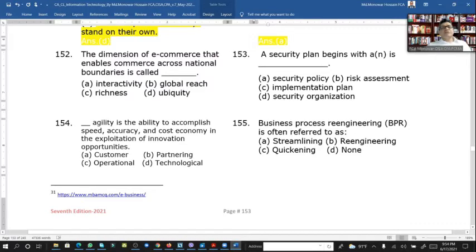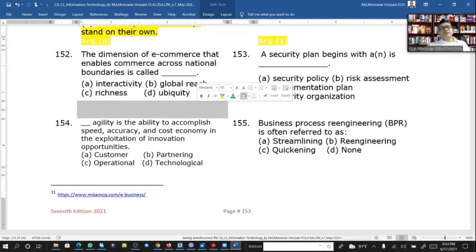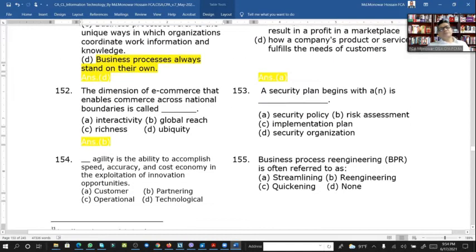The dimension of e-commerce that enables commerce across national boundaries is called, across national boundaries, that means global reach. The answer is B.